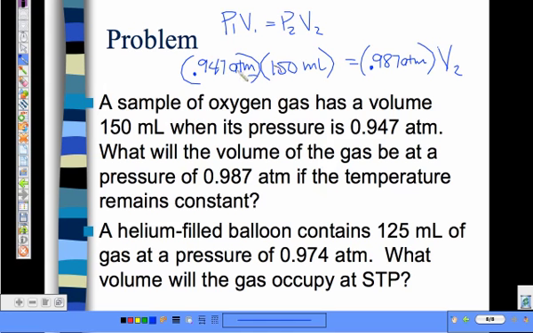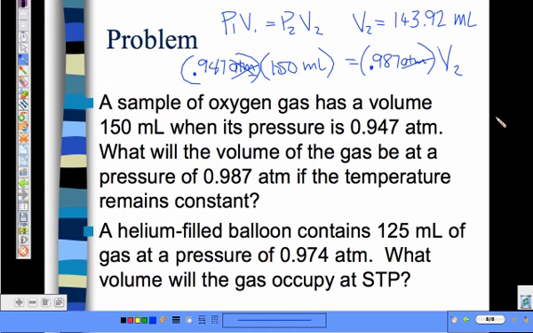So if you look here, our atm are canceling out. That's why as long as they are the same on both sides, fine. So what is V2? Right, milliliters. Whatever our units were here, that's what we're left with. So we have milliliters. Did everyone get that answer?